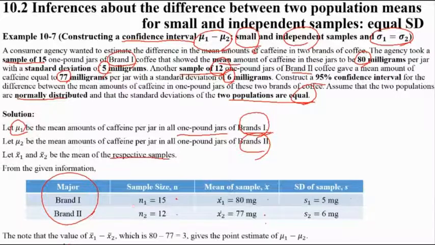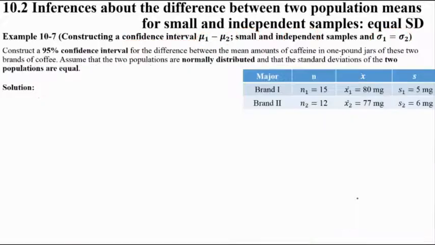And one more time, x1 bar, x2 bar are the point estimators of mu1, mu2. We said before this is the point estimator. Same idea.